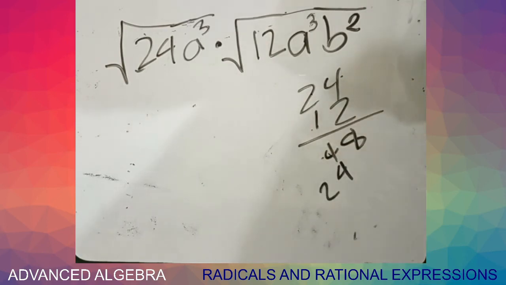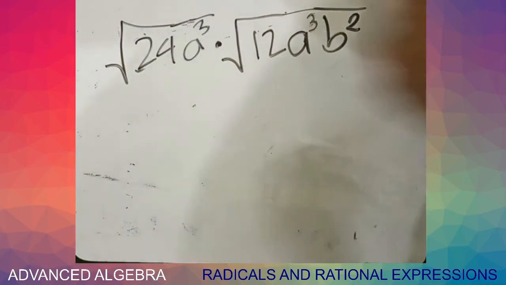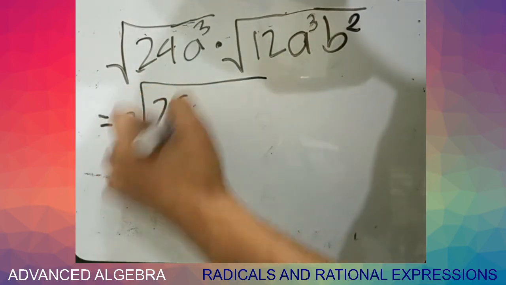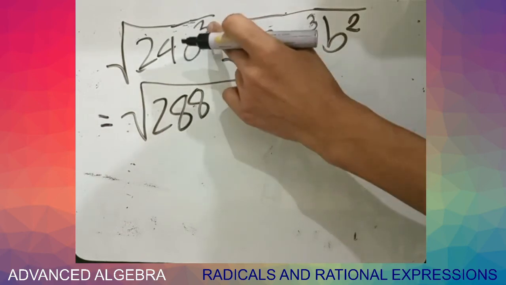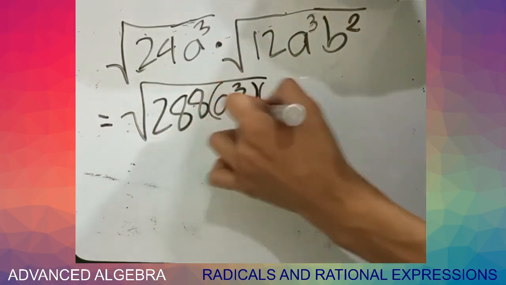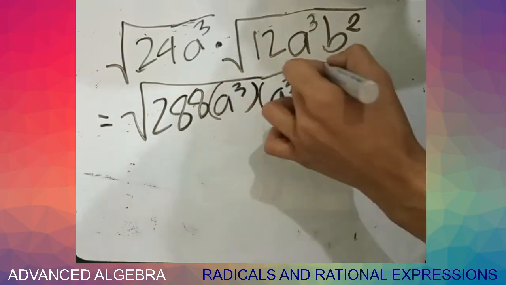Tama, 288 nga. Okay, so equals the square root of 288. Then, pag multiply natin, a cube times a cube, isulat natin, then b squared.